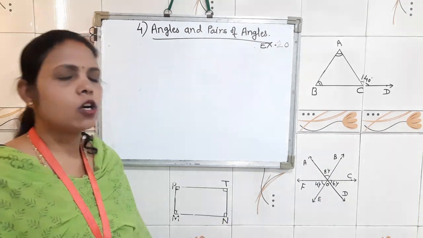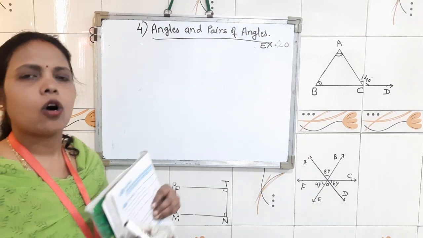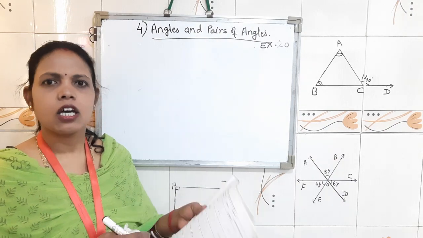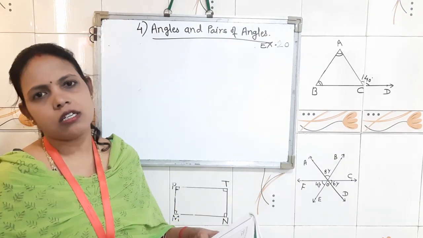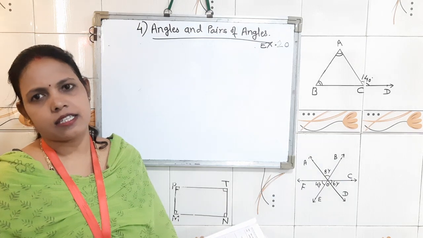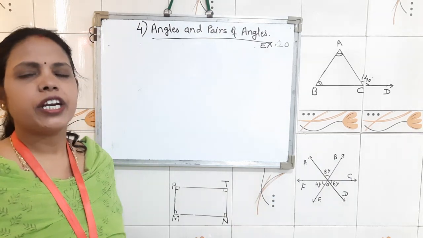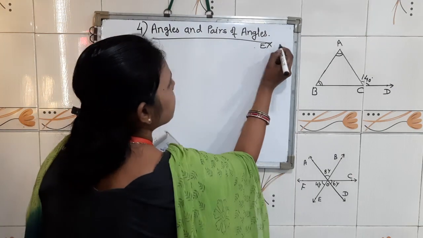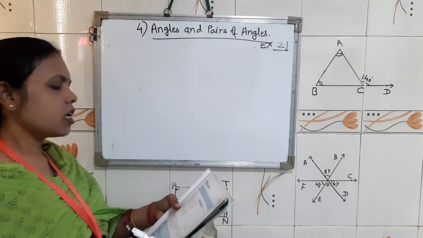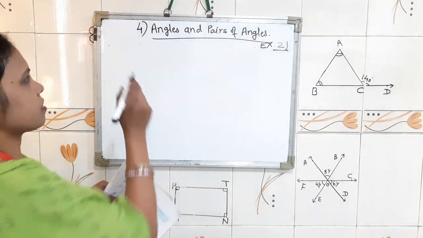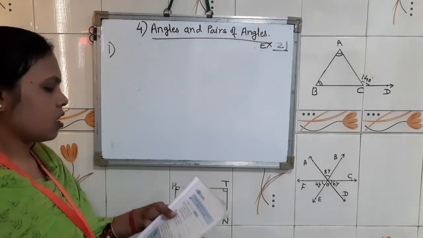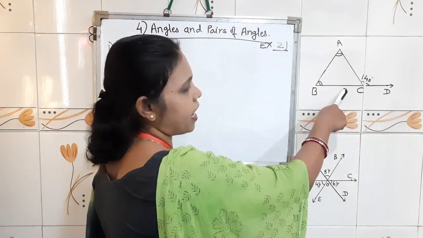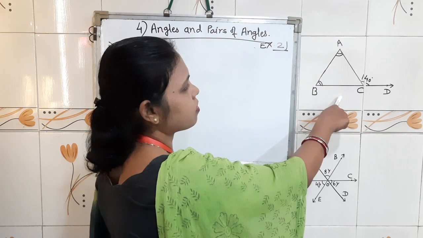Children, I hope you all are getting all these solved sums properly and you are able to solve the sum. Now our next exercise, Exercise 21. Here question number 1. Diagram is drawn. Children, you can observe this diagram.